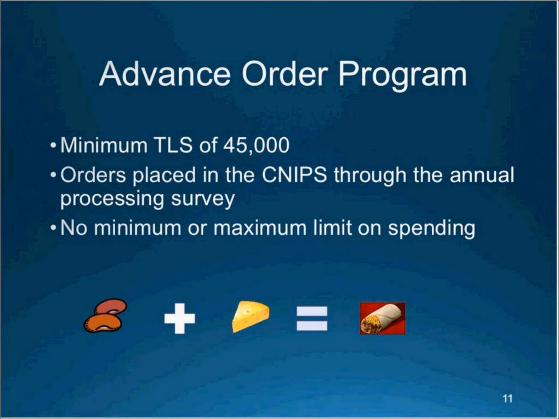The Advanced Order Program uses a portion of the agency's total entitlement for diverting USDA foods to any approved processor. Each agency determines how much of their total entitlement to set aside for processed USDA foods, and the remaining balance is used towards the 5 allocations during the school year.